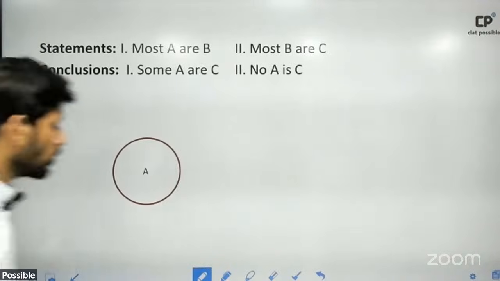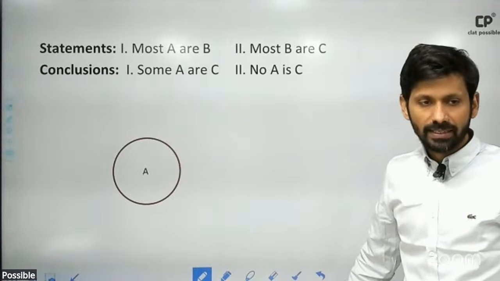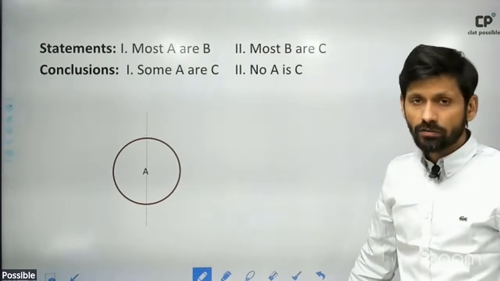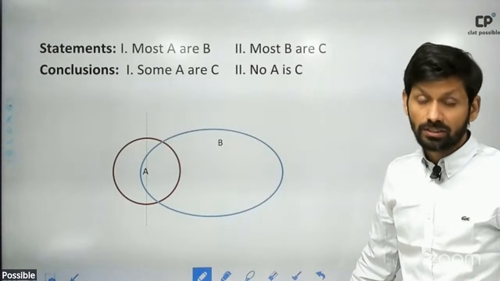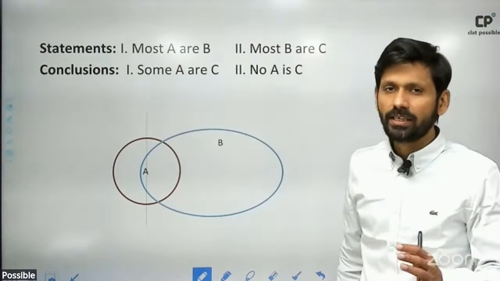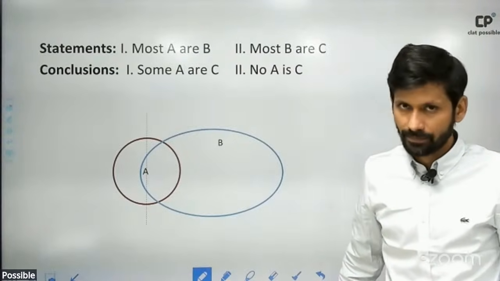Okay, so most A are B. So the line that bisects A is here, and most of A is B. So this is how I draw it. Okay, B का सर्कल जरूरी नहीं है कि A के सर्कल के बराबर है, right? It could just be a much bigger circle.